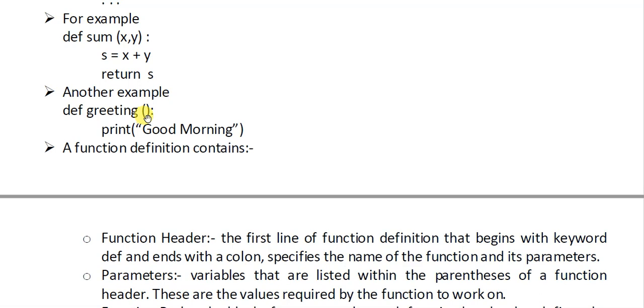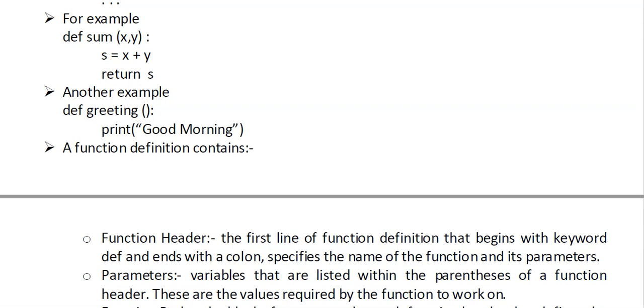So you just put empty parenthesis followed by a colon, that is required. When you put a colon and press enter, you have to give indentation, that is 4 spaces. Then you just write print good morning. It will print the message for you on the screen. So these are the two examples of how you write a function.